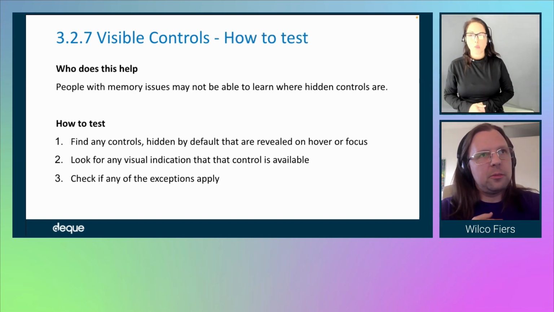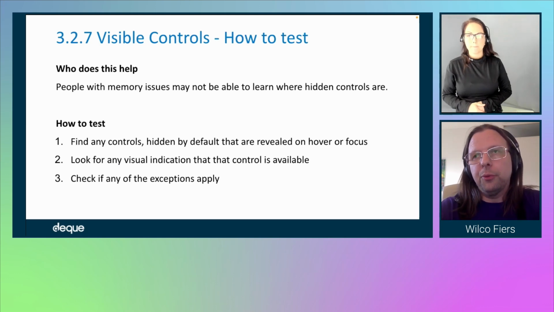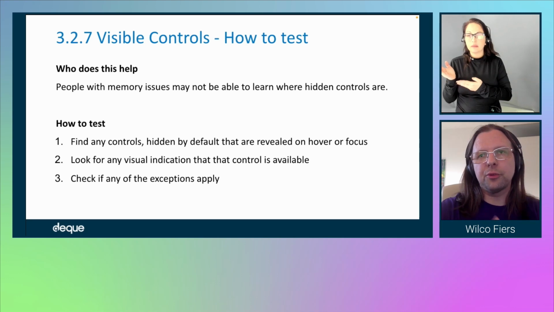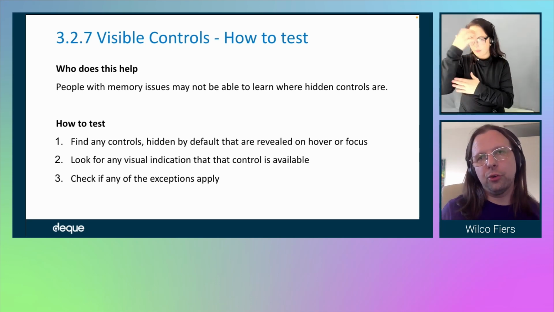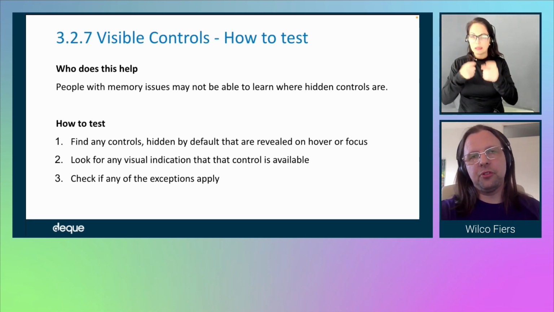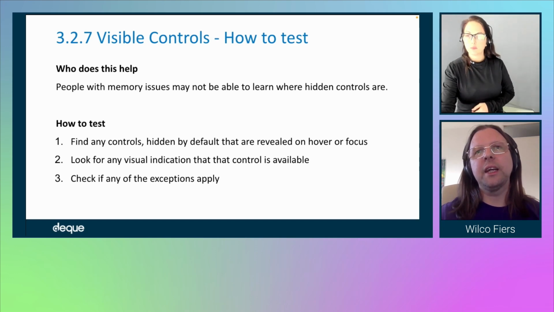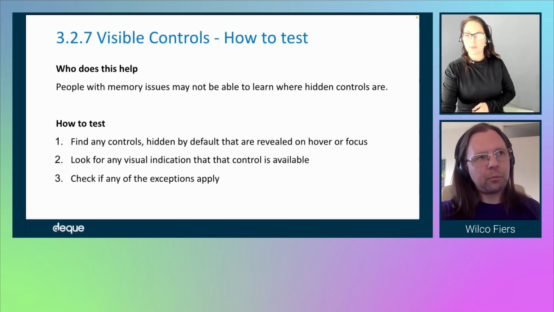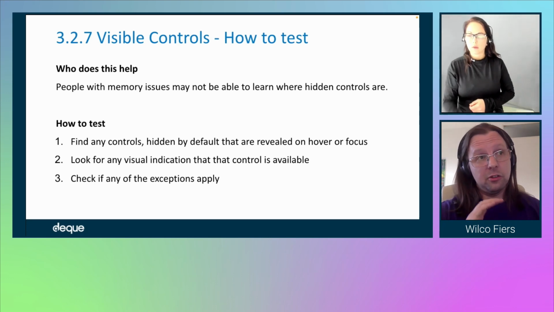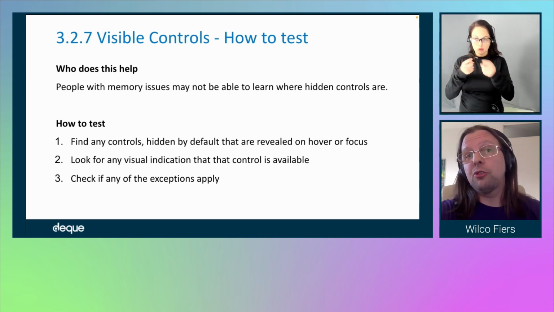This is particularly useful for people with memory issues. If you have to learn a user interface over and over again, hidden controls put a significant additional strain on people. So the way to test for this is you start off by finding those hidden controls.